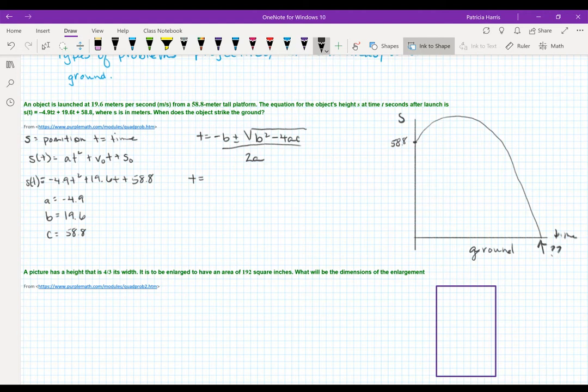So we have negative 19.6 plus or minus the square root of 19.6 squared minus 4 times negative 4.9 times 58.8, all over 2 times negative 4.9.